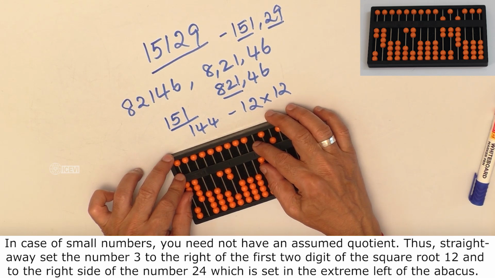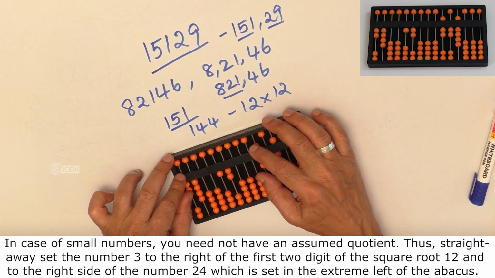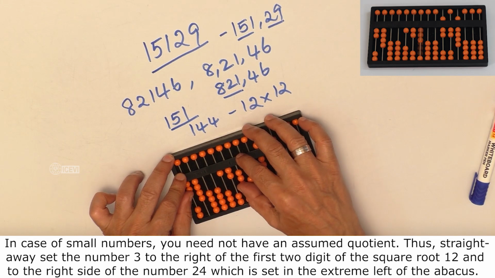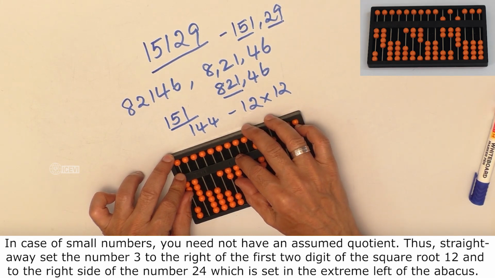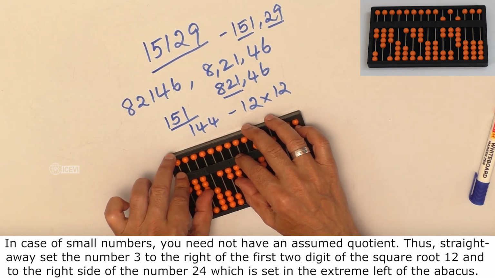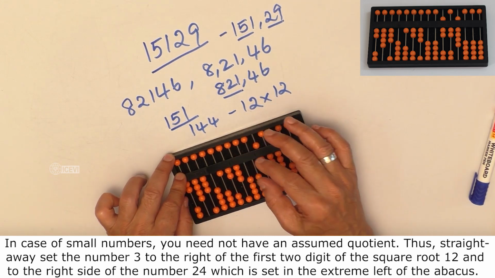In the case of small numbers, you need not have an assumed quotient. Therefore, straight away set the number 3 to the right of the first two digits of the square root 12 and to the right of the number 24, which is set in the extreme left of the abacus.